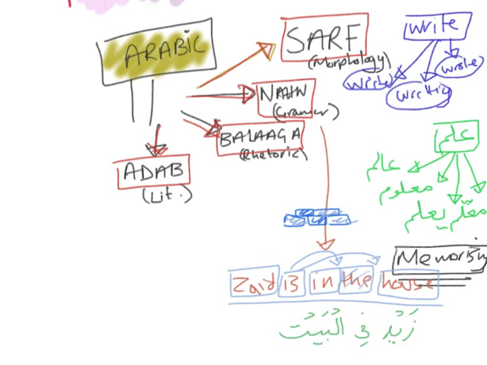Now what you have to know here is that we have Zaid fil bayt. Arabic grammar also focuses on the last letter of every word, or actually the last letter of every noun. It focuses a lot on the nouns and some of the verbs themselves.